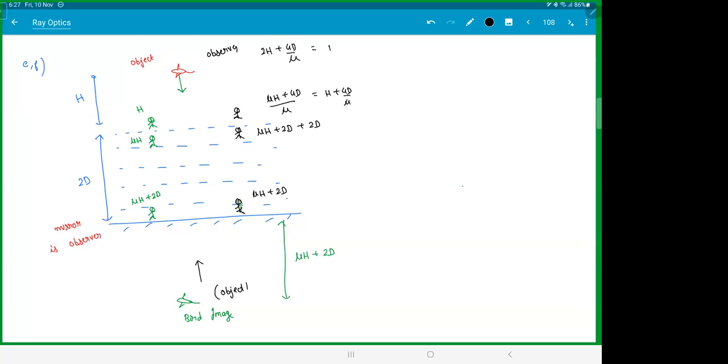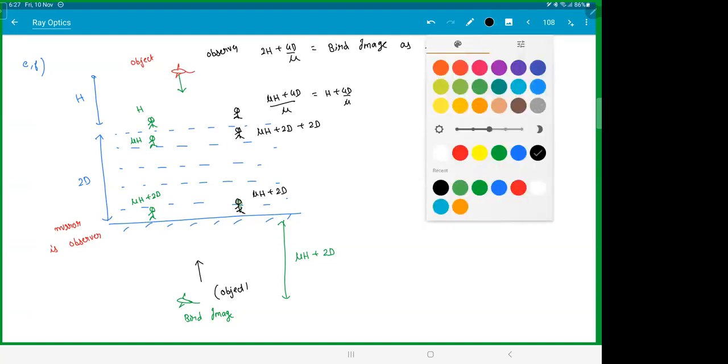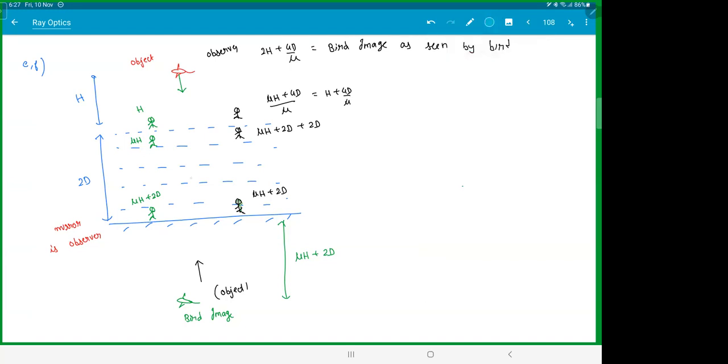So this is the bird image as seen by the bird. If you ask the fish, the fish will think the bird image is here only, right? So the fish will think it is mu H plus 3D. This is the bird image as seen by the fish.